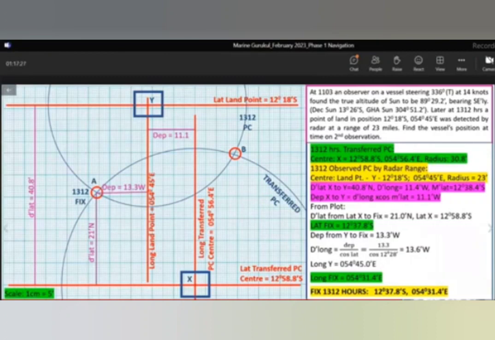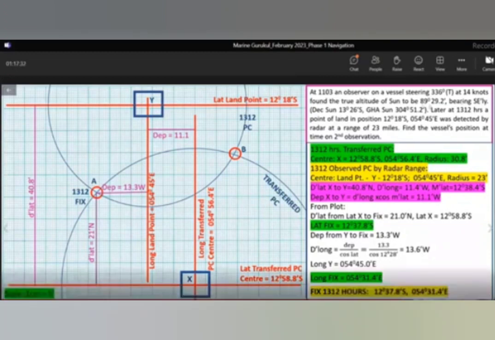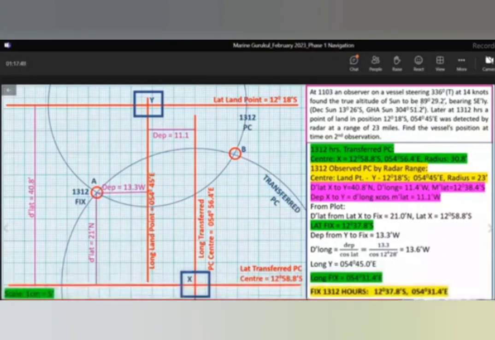Okay, beta. Now, what you have used is the altitude of the sun and the bearing. Yes, correct, sir, MZD and bearing. Beta, how can you say that this is the MZD, the meridian zenith distance? How can you say it was the meridian passage of the sun at 1103? Is there anything mentioned in the question?